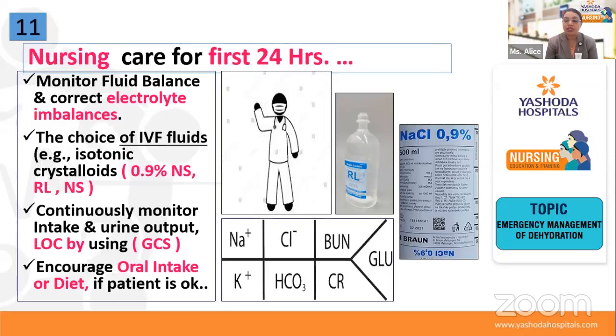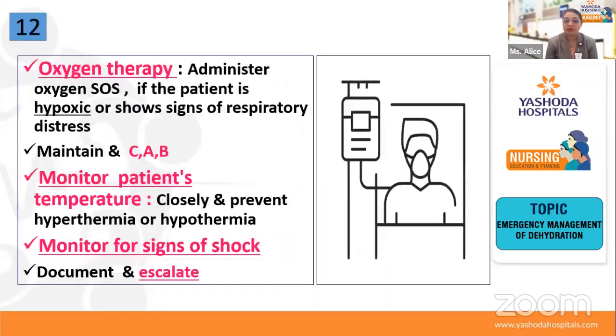Frequent small liquid intake is also advisable. If the condition deteriorates, or there is any respiratory distress or sign of shortness of breath, we can start oxygen therapy and maintain circulation, airway and breathing. Also, we need to closely monitor to prevent hypothermia or hyperthermia. So monitor the signs of shock, and it should be documented and escalated.